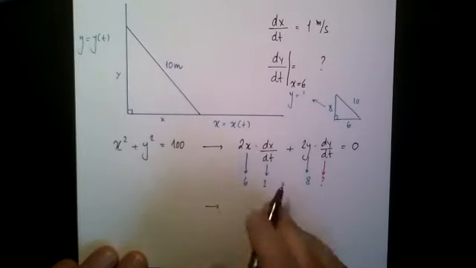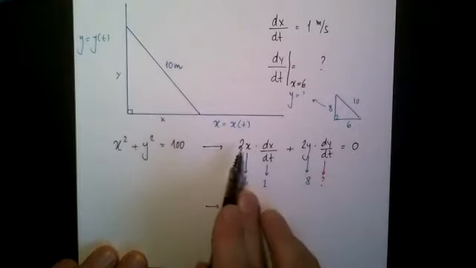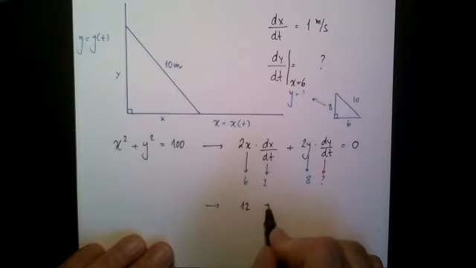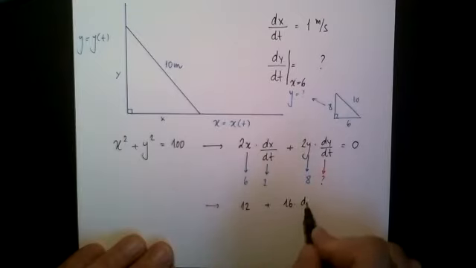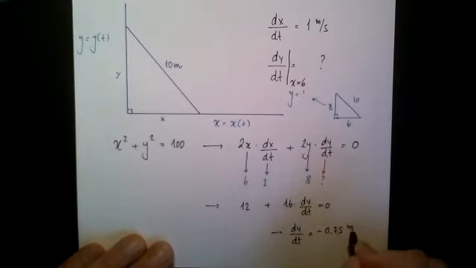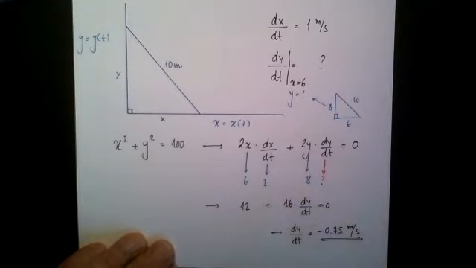I could have divided everything by 2 to get rid of these 2's, but who cares? So I have 12 plus 16 dy/dt is equal to 0, and so dy/dt is equal to negative 12 over 16, which could be divided by 4, so negative 3 over 4. So negative 0.75 meters per second.